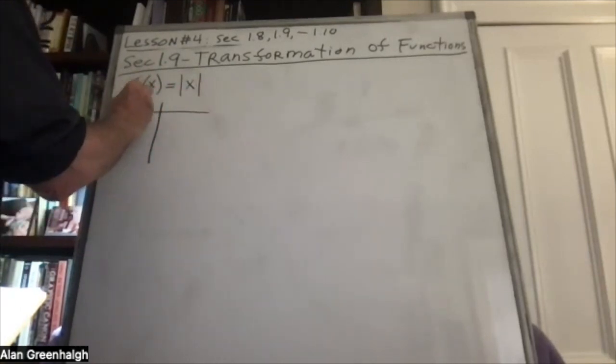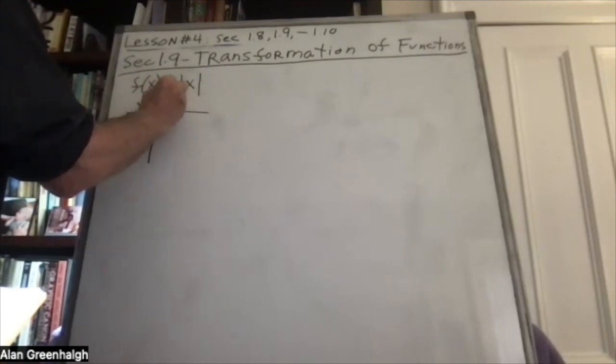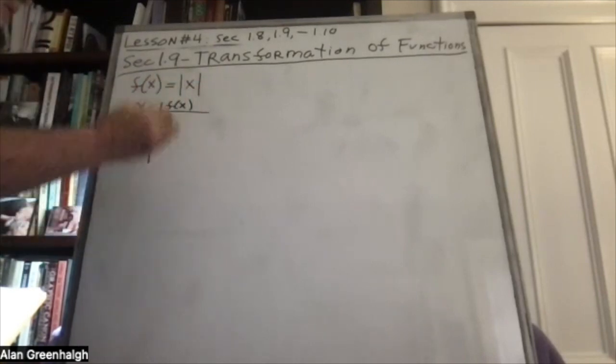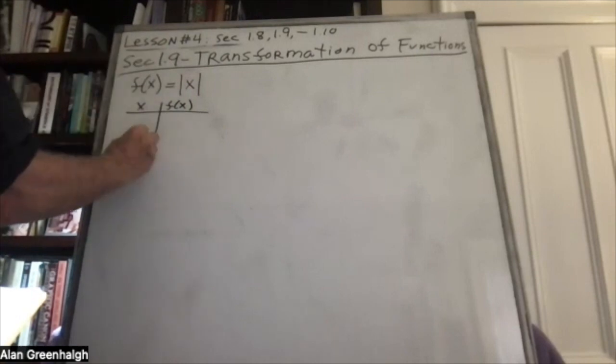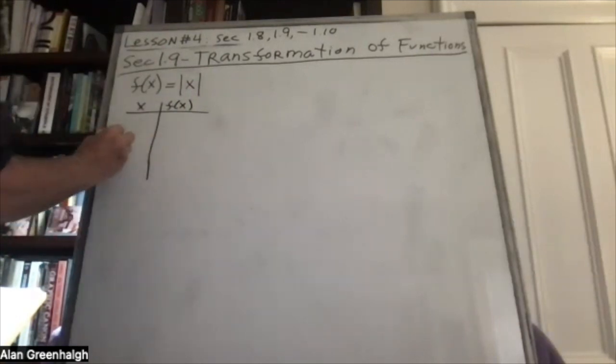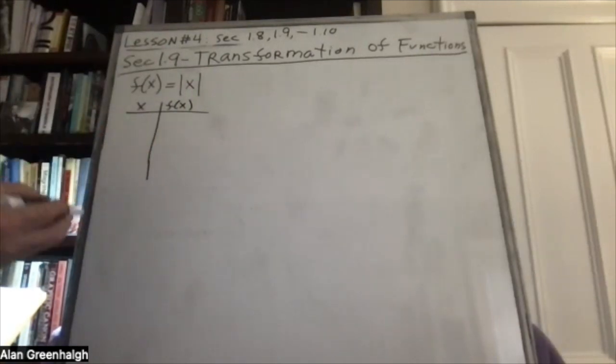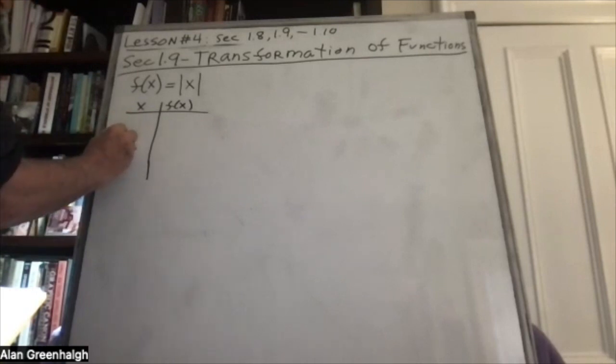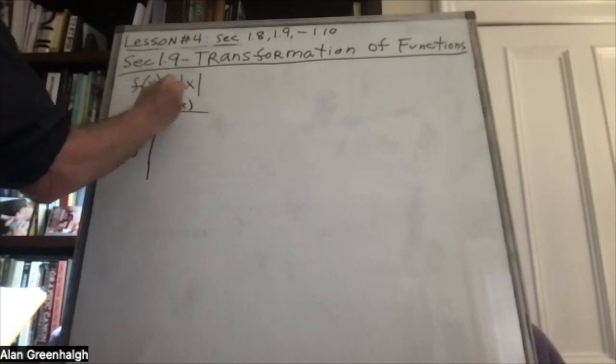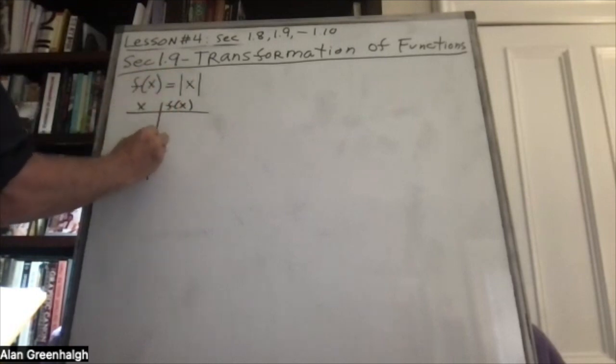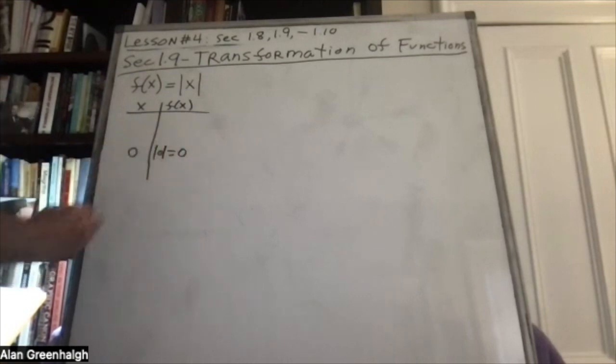So this is x, this is f of x. Let's give x certain values, and bear with me, but since I know what this is going to look like in advance, I'm starting with 0 right down there. The absolute value of 0, of course, is equal to 0.